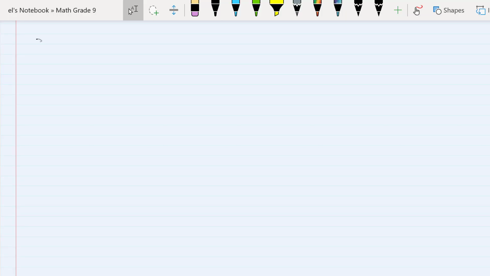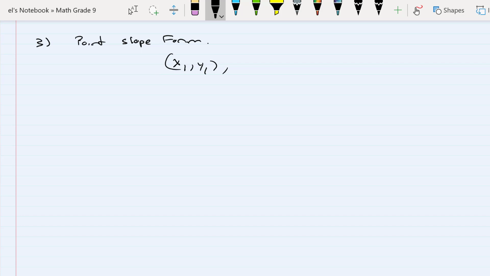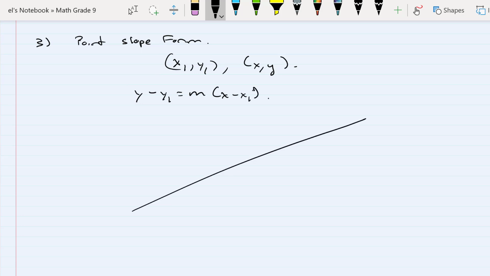The third form is known as the point-slope form. If we have a point x1, y1, and another point x, y, we can write the equation as y minus y1 equals m multiplied by x minus x1, where x1, y1 are points on a line.